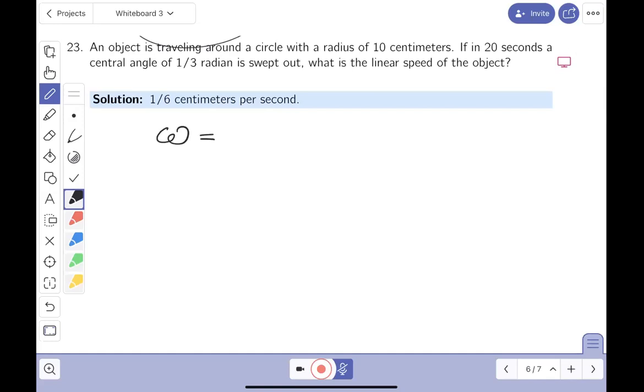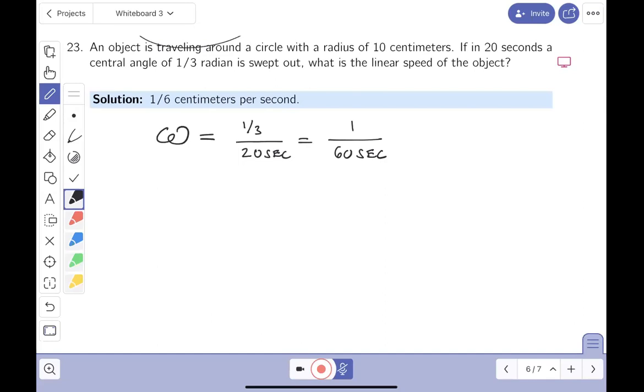Well, what's the angular velocity? It says if in 20 seconds, a central angle of 1/3 radian, so it's 1/3, no unit on that, every 20 seconds. And that's going to be 1 over 60 seconds. Someone says, what does that mean?